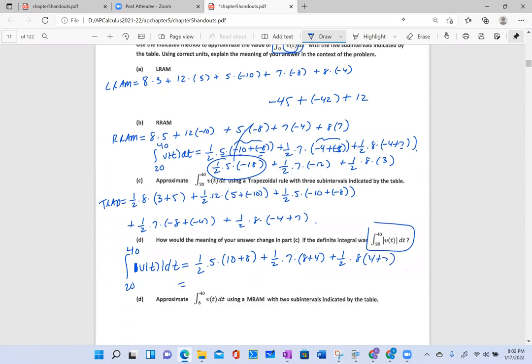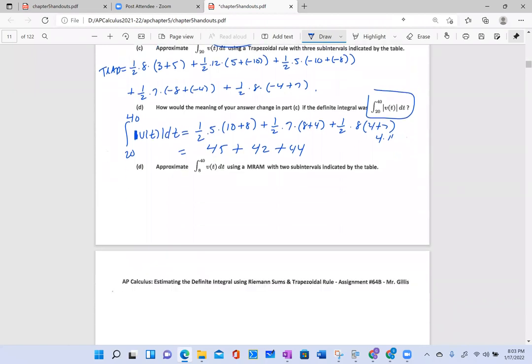So this would produce 18 divided by 2 is 9, times 5 is 45. 12 divided by 2 is 6, times 7 is 42. And that's going to be a little different now. Half of 8 is 4, times 11, which is 44.